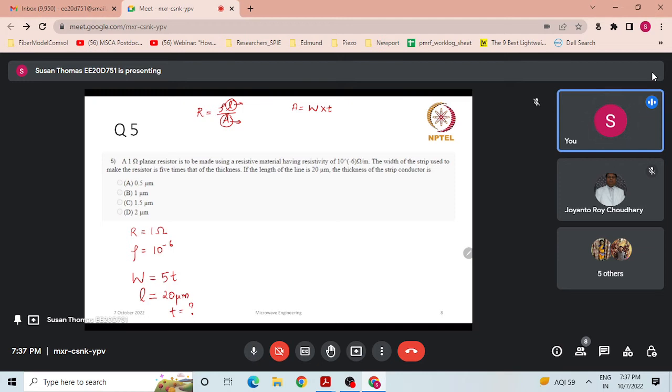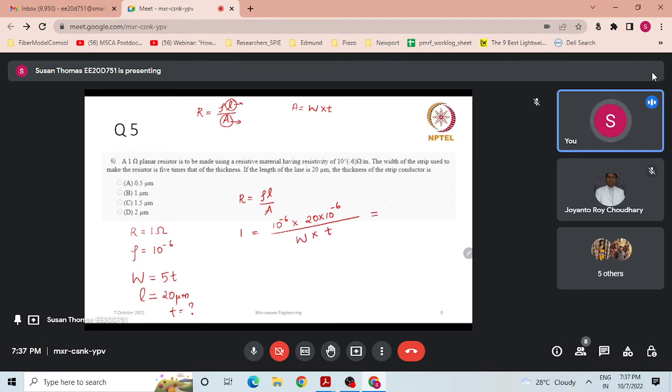Okay, so how do we do this? We know R is equal to rho L by A. So the resistance to be realized is 1 ohm, with the material having a resistivity of 10 power minus 6, and L is 20 micrometer, that is the length of the strip, and A is area, which is width into thickness.